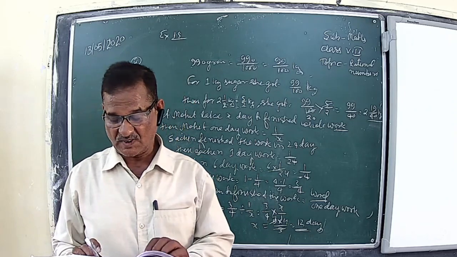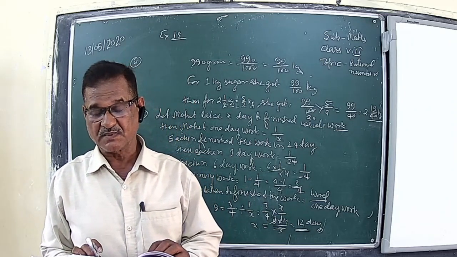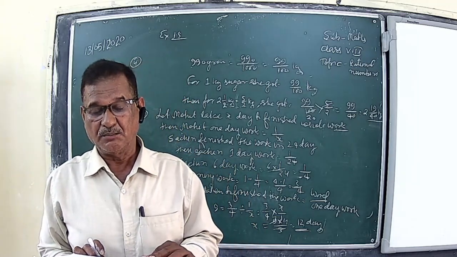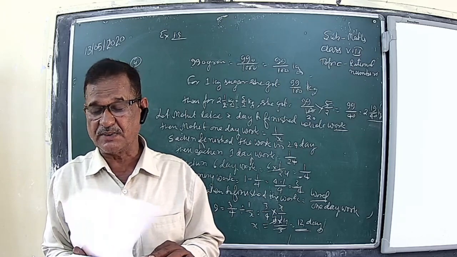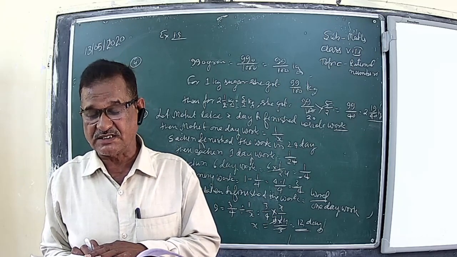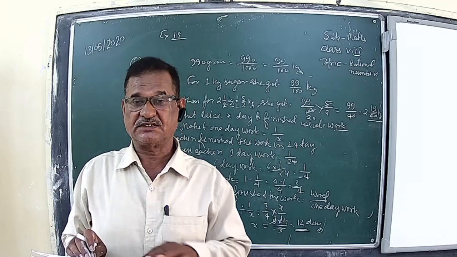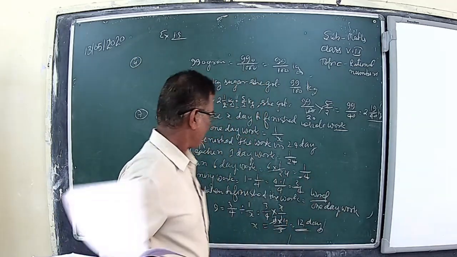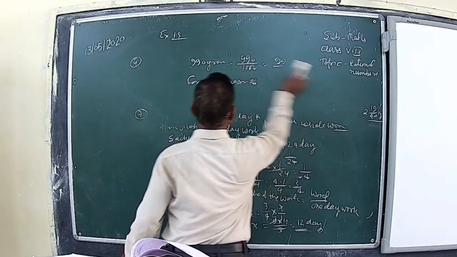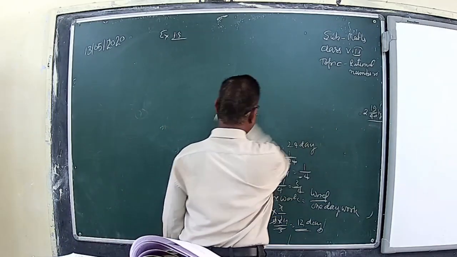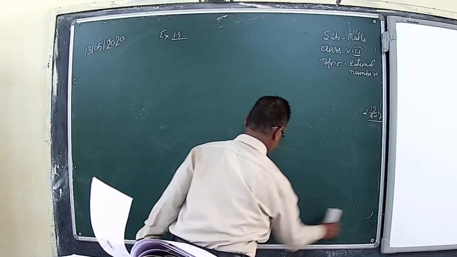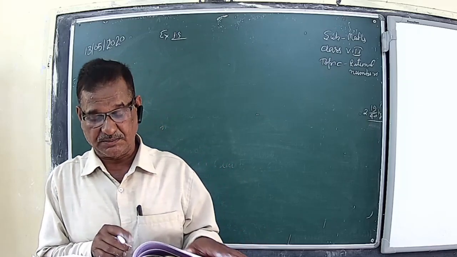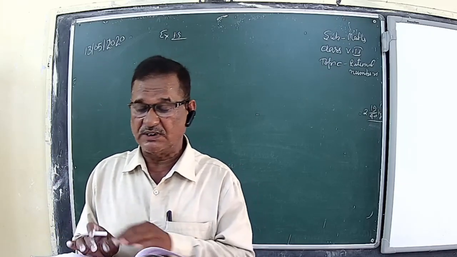Now I tell some more questions. This is a multiple choice question. The product of a rational number and its multiplicative inverse is 1. That is coming 1, because the multiplicative inverse product always comes 1 only.